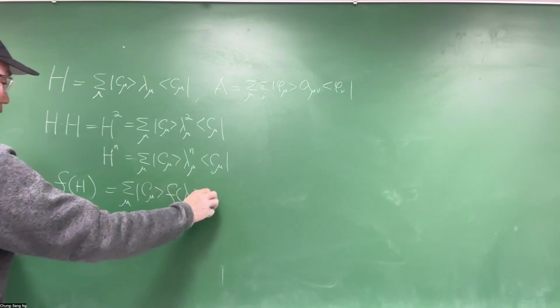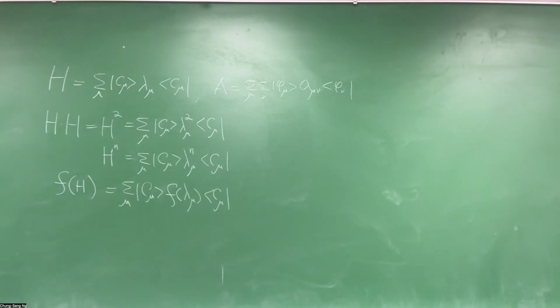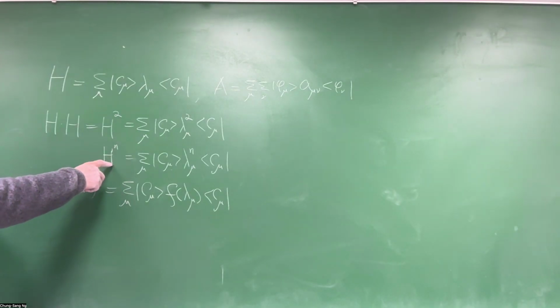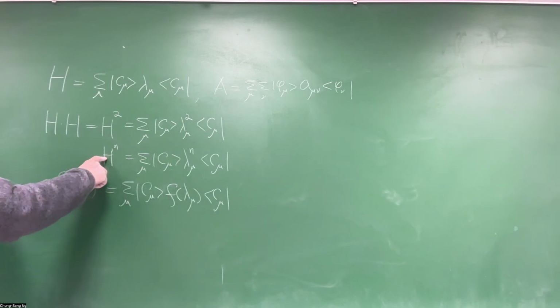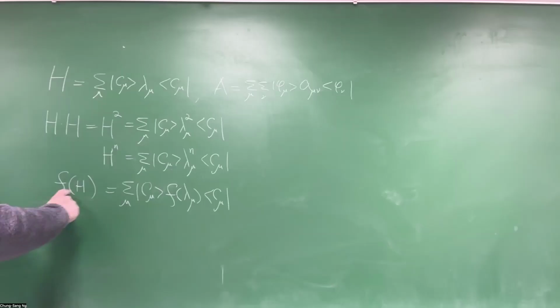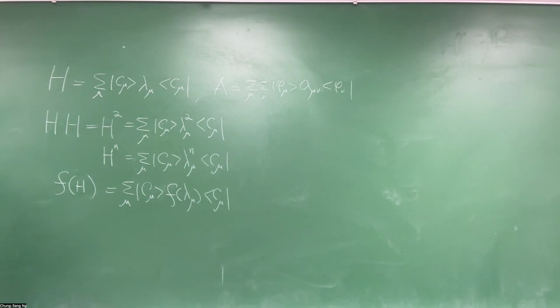That is straightforward, because if it has a Taylor expansion, each H to the n term just changes to lambda to the n. You combine all the terms and get back the same function using the eigenvalue as the argument.